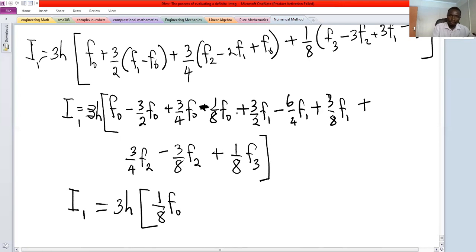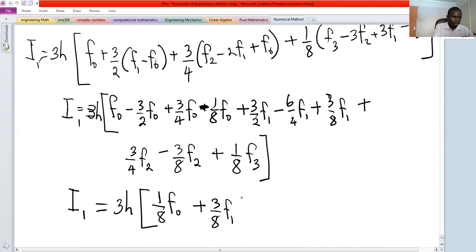For F1 it is 3/2 minus 6/4 plus 3/8. That gives me 3/8 F1.